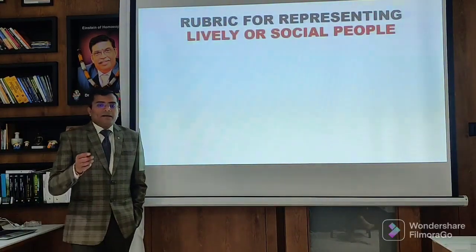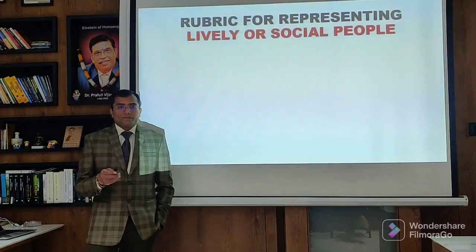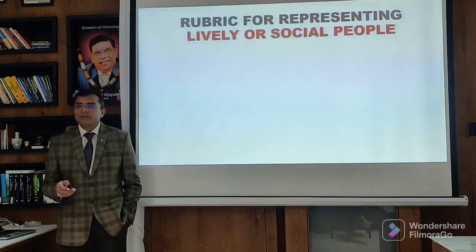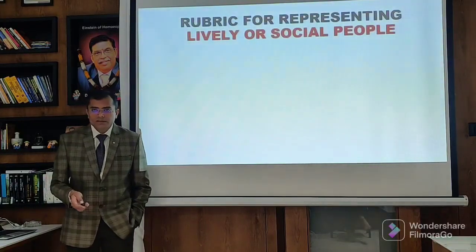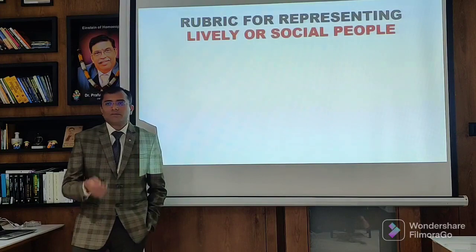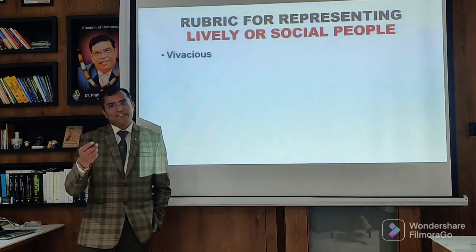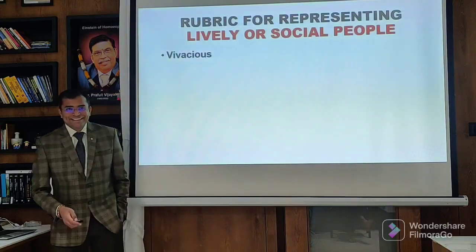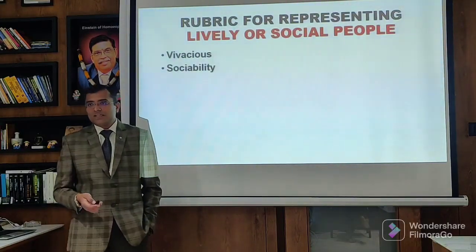Okay. The rubric for representing lively or social people. So what was the lively and social people? Extroverted. Highly extroverted. So what was their behavior pattern and what was the rubric we can think of? Vivacious. Vivacious. Perfect. You are a genius. The first thing, vivacious. They are very social.